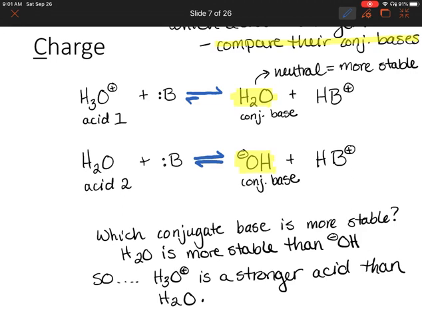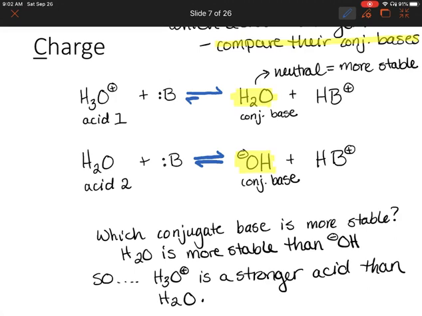And so water isn't going to dissociate as much because its conjugate base wants to keep reacting and reform the reactants. So in fact, the reactants might be a little more favored than the products, which means that water is not a very good acid, compared to hydronium at least.